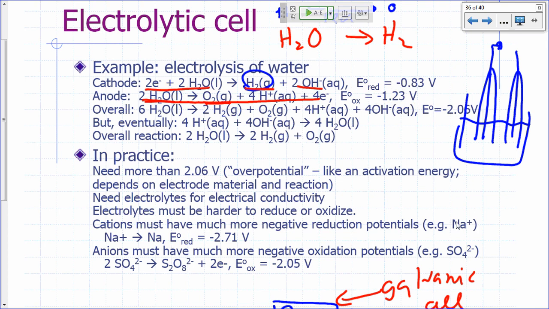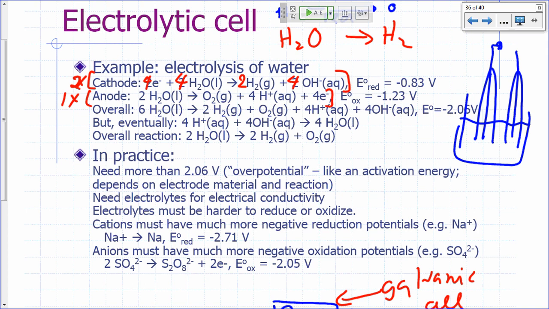So what's your overall reaction here? Okay, you have two electrons canceling out, right? Remember, oops, they're not canceling out. 2 electrons versus 4 electrons. What should we have to do in order to balance this? Balance electrons lost, electrons gained. This has to happen twice, right? Every time this anode reaction happens once. So I have to make this 4 electrons, 4 waters, 2 H2, and 4 hydroxide.